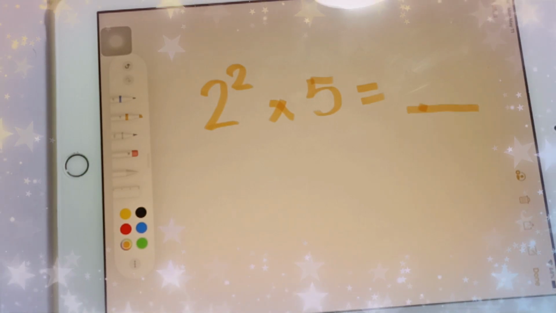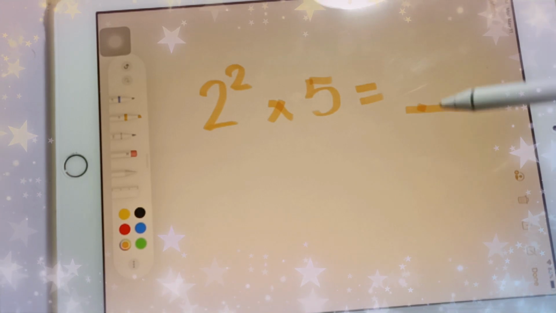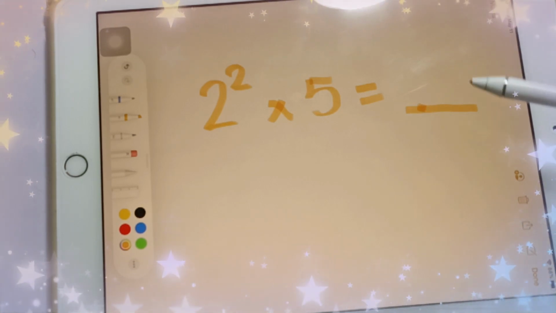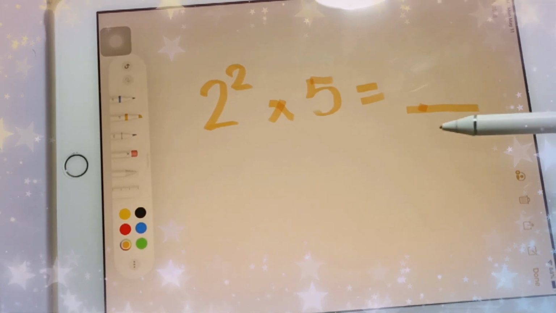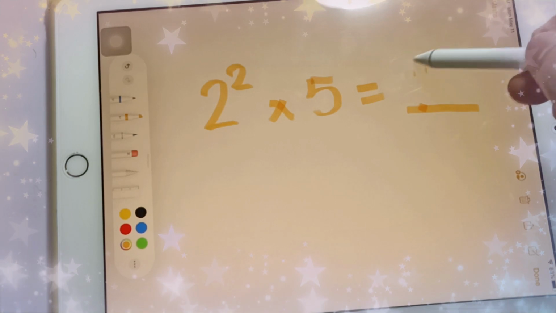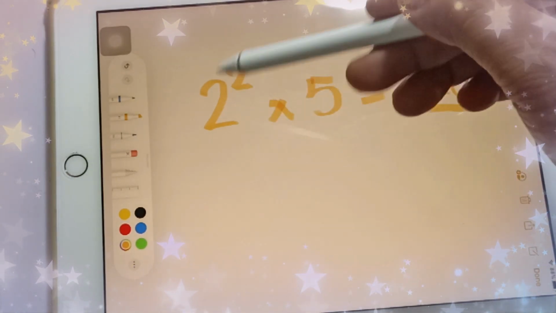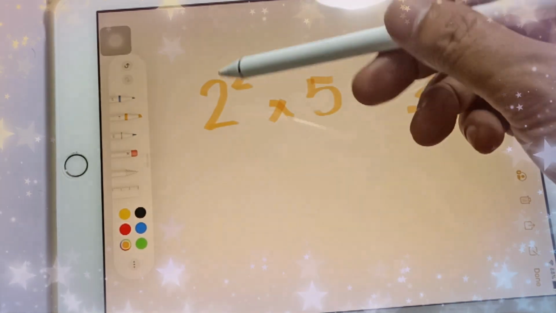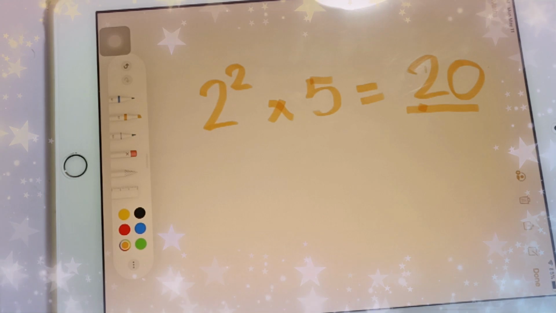These are the prime factors of an unknown number. So what is that number? Correct, that is 20, because 2 squared, 2 to the 2nd power, is 4, times 5 is 20.